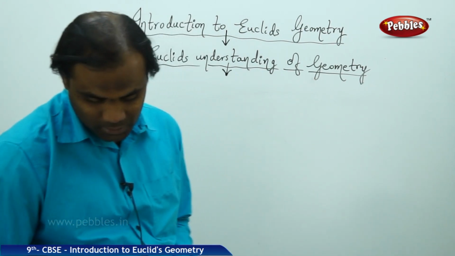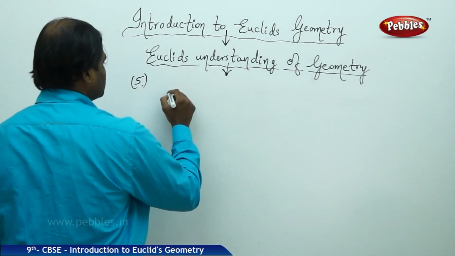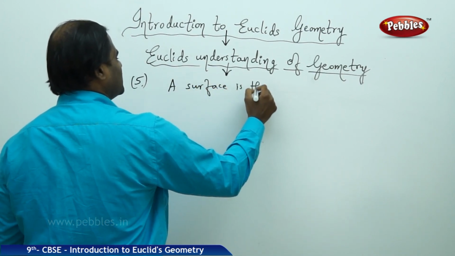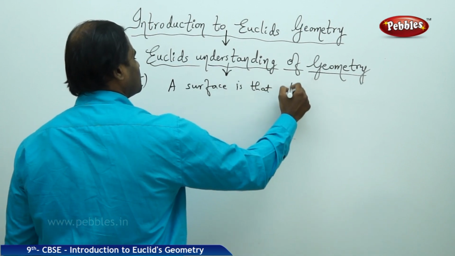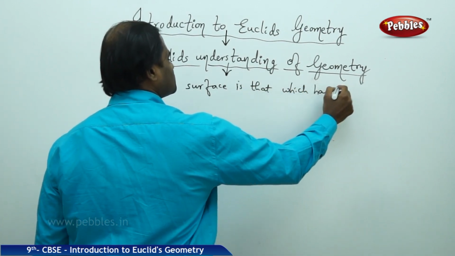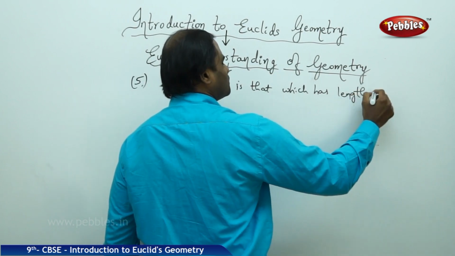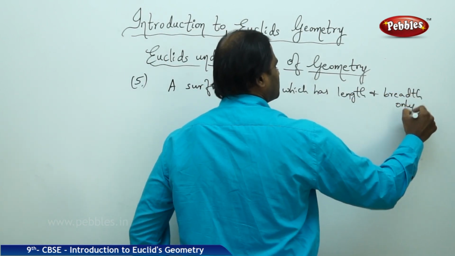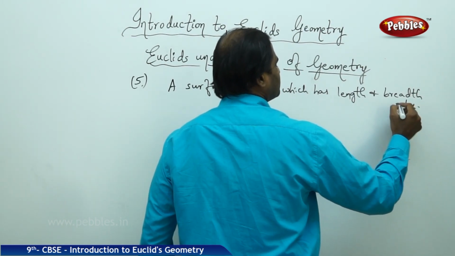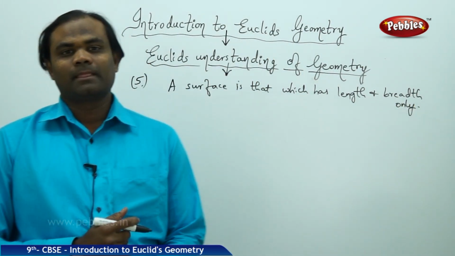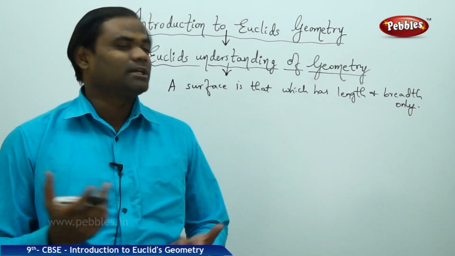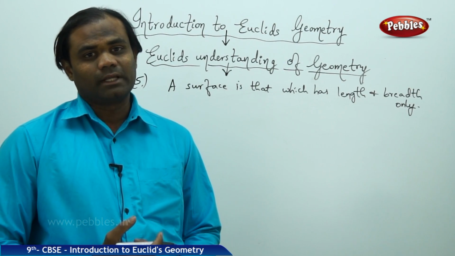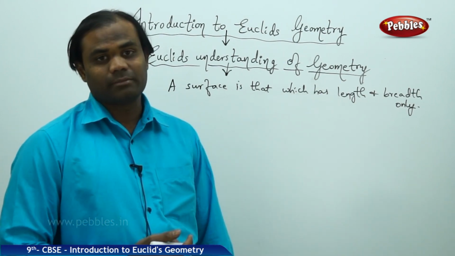So, this refers to point number 5, which says a surface is that which has length and breadth only. A surface is that which has length and breadth only. It doesn't have anything else other than length and breadth.